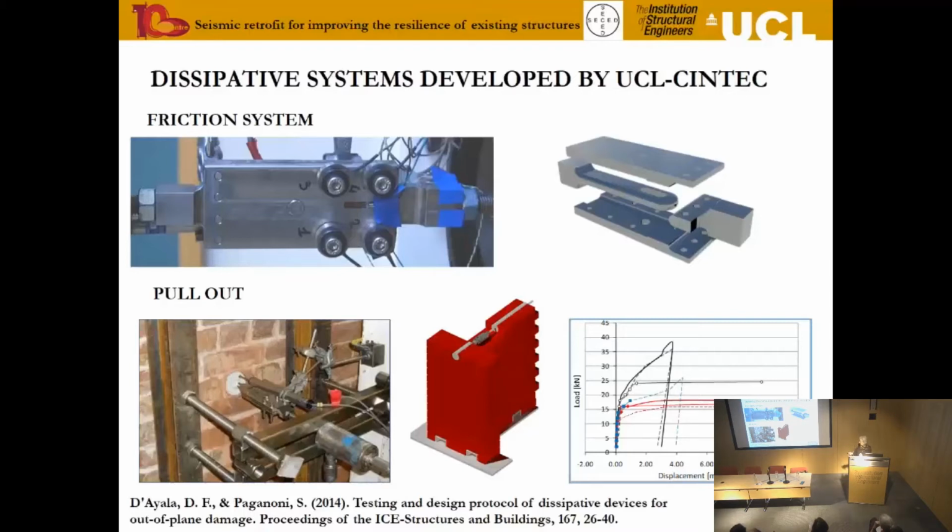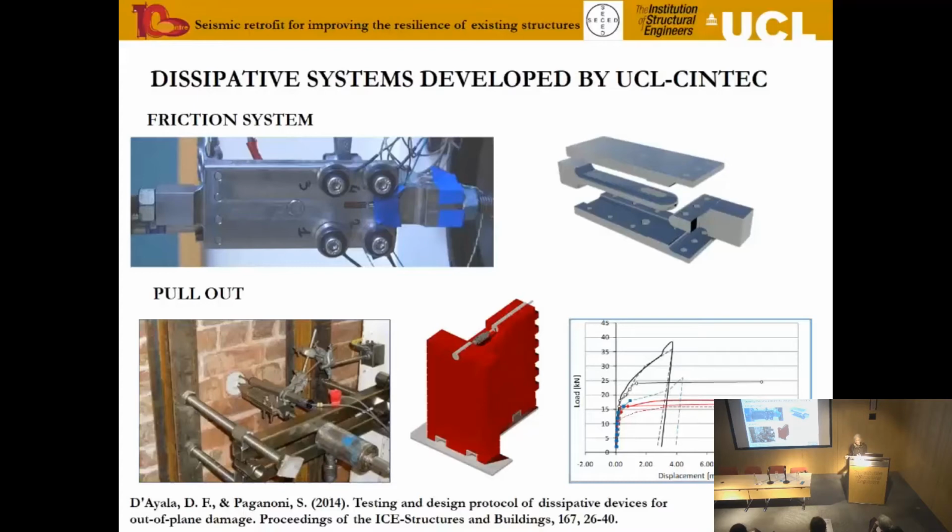So the device is a very simple object, just a conceptual idea. Two plates and an element sliding within, and the friction is generated between the plates by just torquing bolts to a controllable degree, so that we can actually design it.